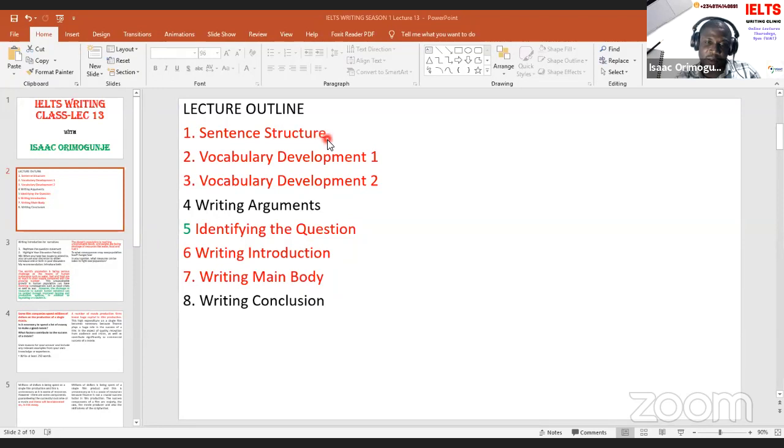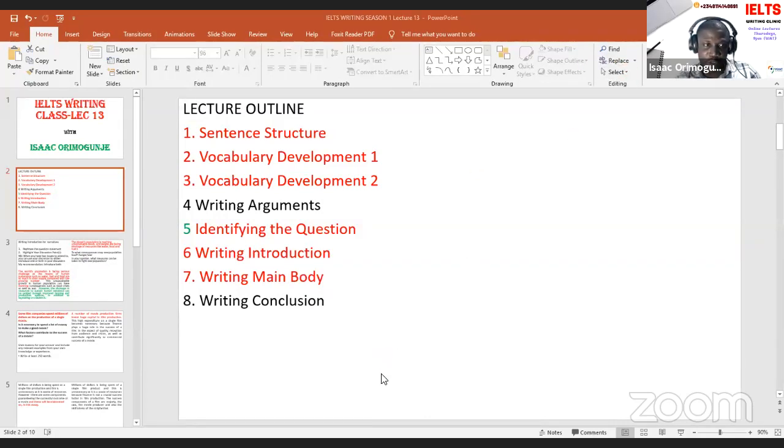We've done sentence structure, vocabulary development one, two. We've done identifying the question, writing introduction, writing main body, and writing conclusion. We've not done writing argument. And under writing argument, I'm going to say writing, presenting your opinion. Those things depend on the type of essay that you are writing.